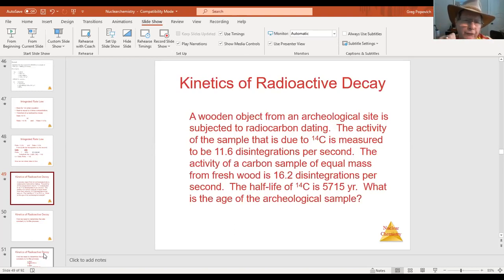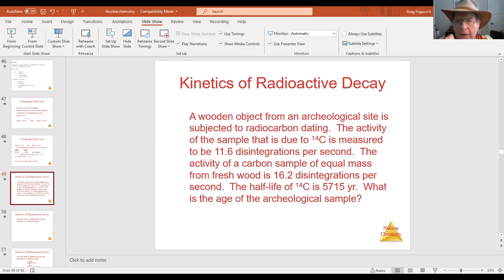What that means is that I have used up some of my carbon-14 in my dead wood. It's not as active as fresh wood. The half-life of carbon-14 is 5,730 years. What is the age of my sample?